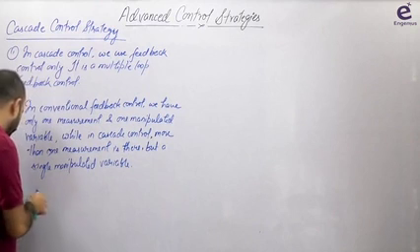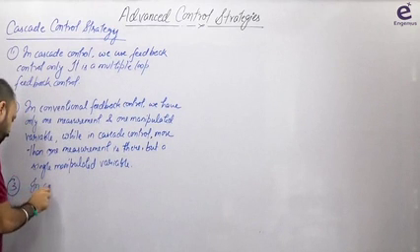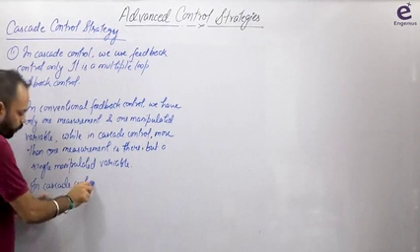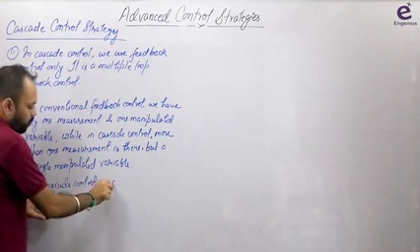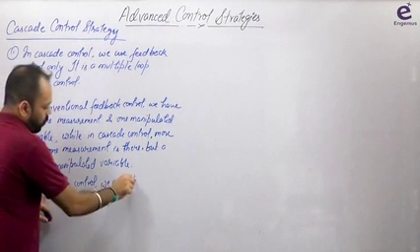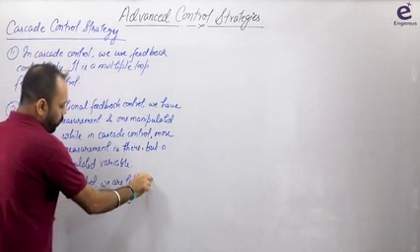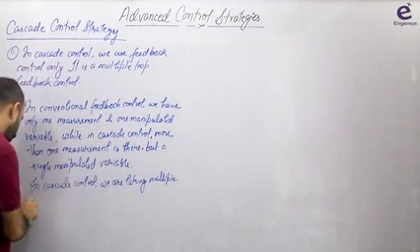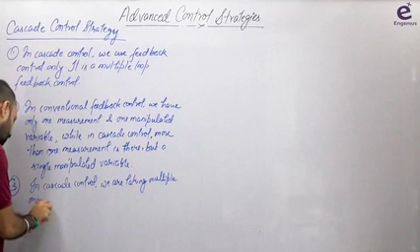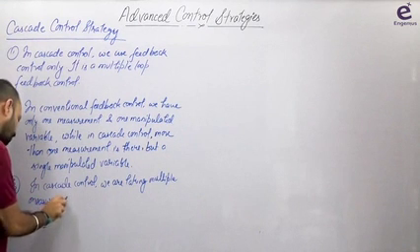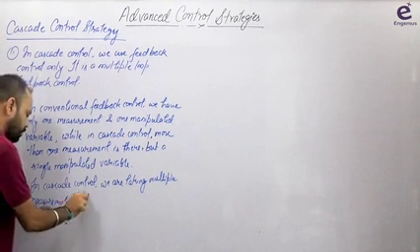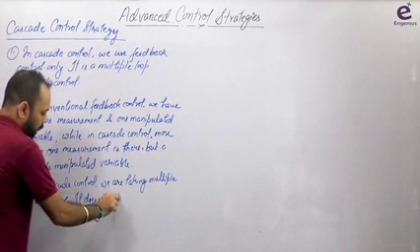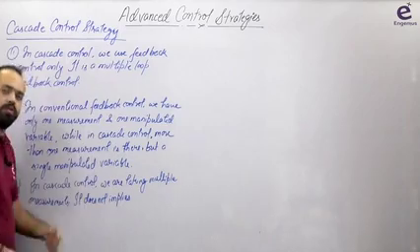Write down that in cascade control we are taking multiple measurements. It does not imply that the controlled variable is also more than one.